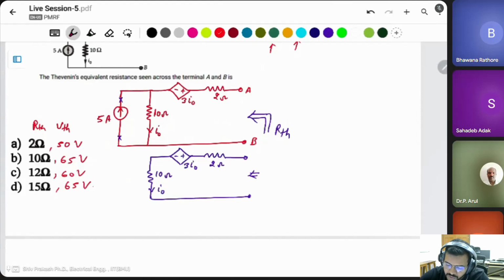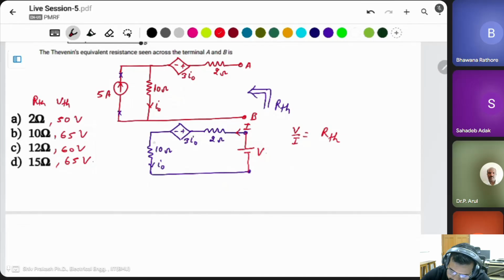There are two ways to find the RTH. In the V-I method, you simply apply a voltage and a current across it and find V by I. You will get the RTH. Or you can use 1 volt: simply 1 by I is equal to RTH. The voltage is 1 and this will be 1 by I. Okay, in place of 1, I simply use V.